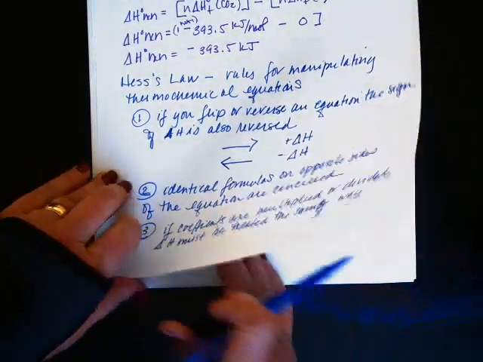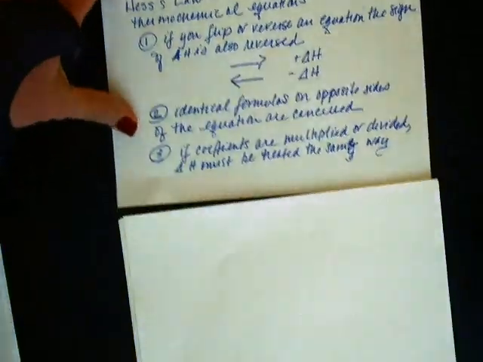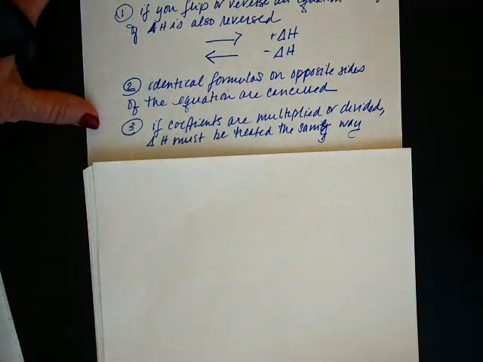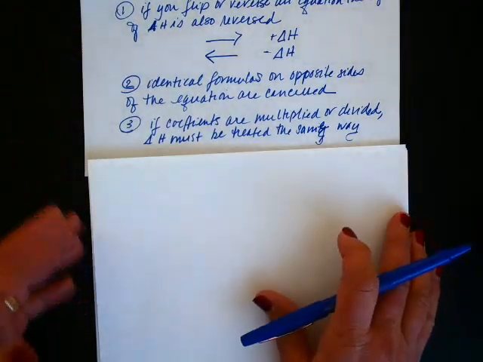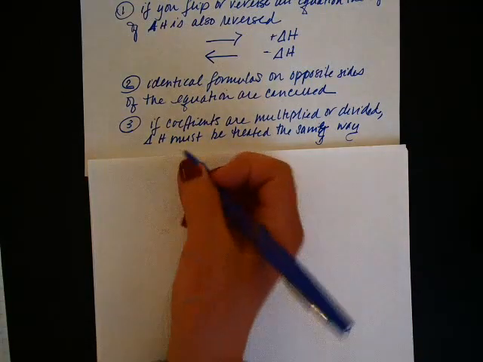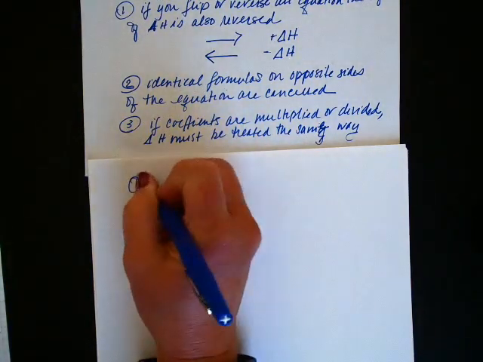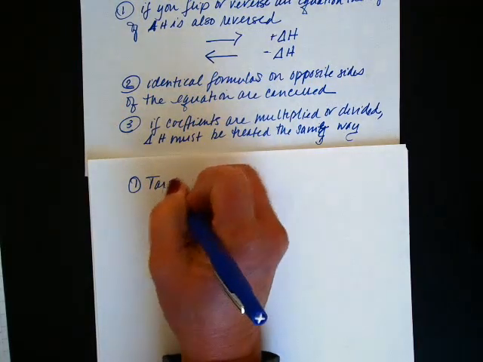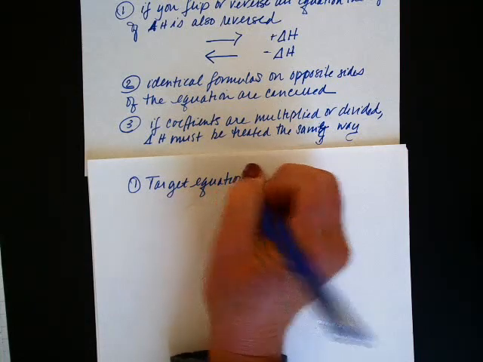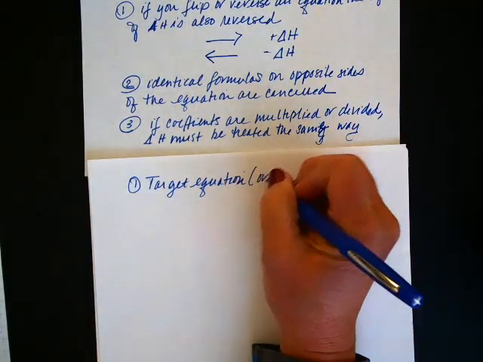So we're going to start with this problem. What you will get, whether it's a homework assignment or an exam question for delta H, is a target equation, or the overall equation for the process.